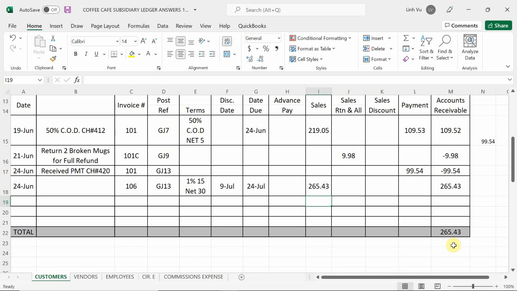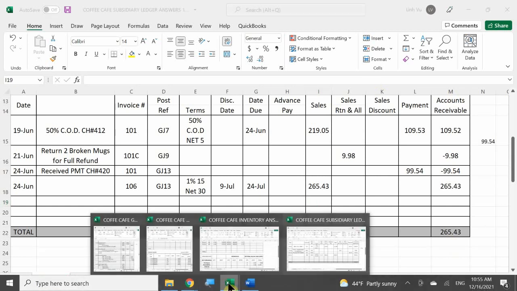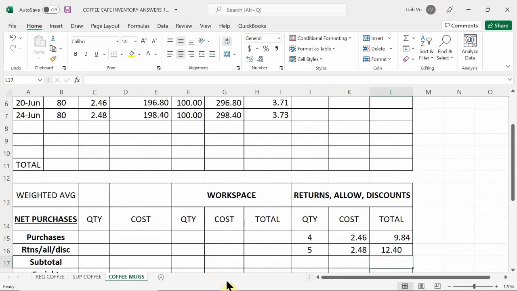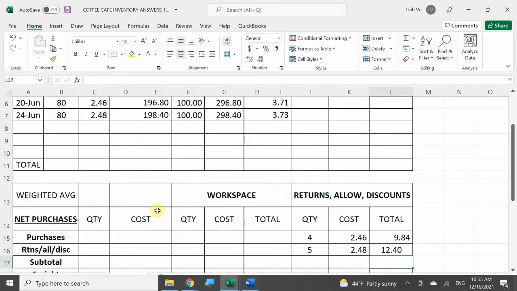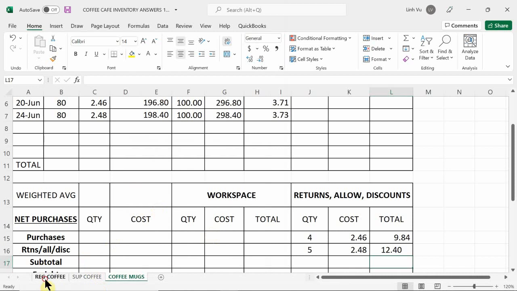And now we update our inventory, because we sold 20 pounds of regular coffee and 15 pounds of Supreme coffee.